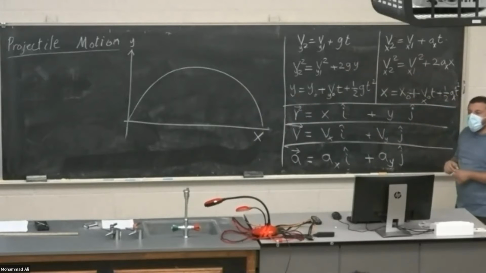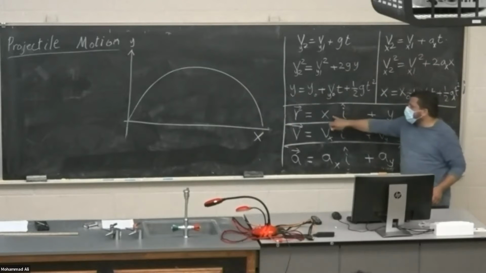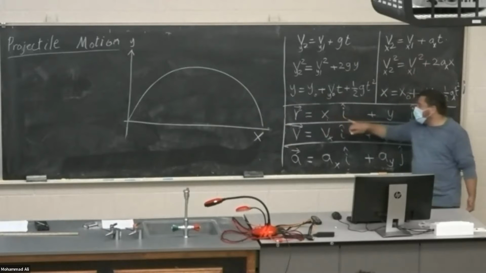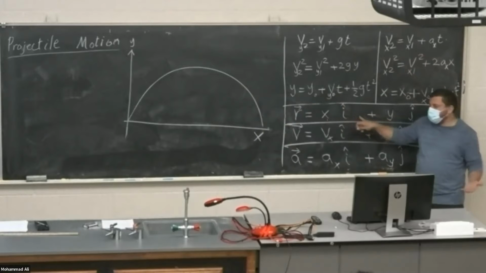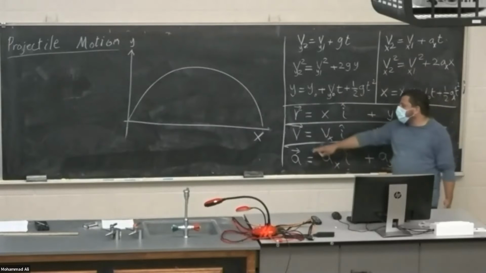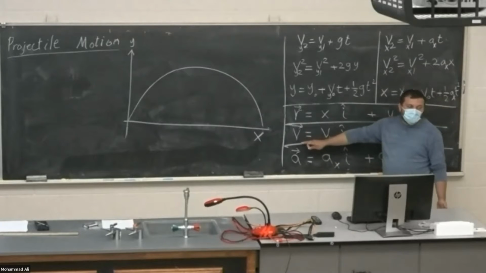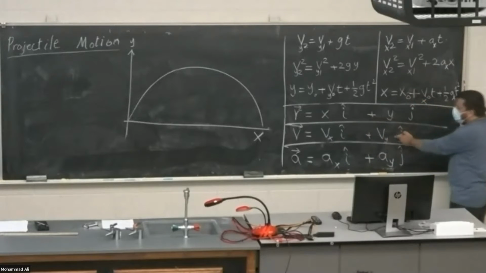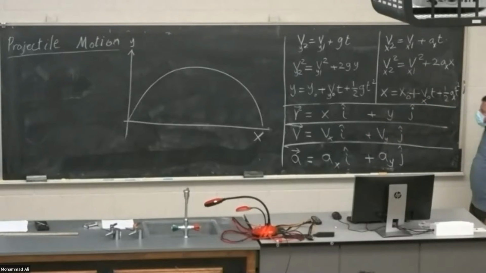We also know the position vector from before, which is R as a vector, equal to the x component in the x direction plus the y component in the y direction, the j direction. Also, there is a velocity vector, which is Vx in the i direction plus Vy in the j direction.